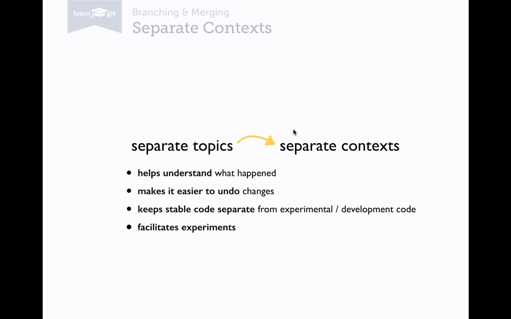So stable code is, of course, kept in its own separate context, and everything you experiment with, new ideas, new features, get their own branches, their own contexts. And this greatly facilitates experiments, because you can't mess up, because if you do, only your own context will be messed up, not the complete project, and nobody else will suffer from mistakes that you might have done.